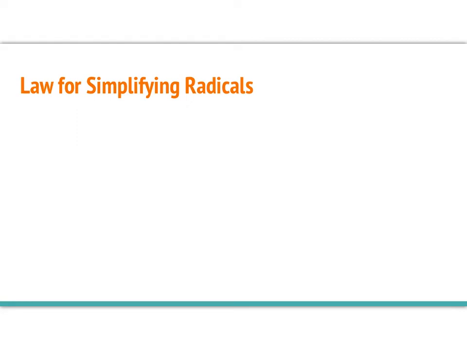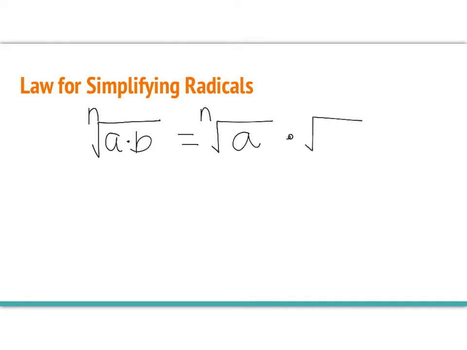So the law for simplifying radicals looks something like this. It looks a little convoluted. So the nth root of a times b is equal to the nth root of a times the nth root of b. So, for example, let's do the square root of 16 times 81.